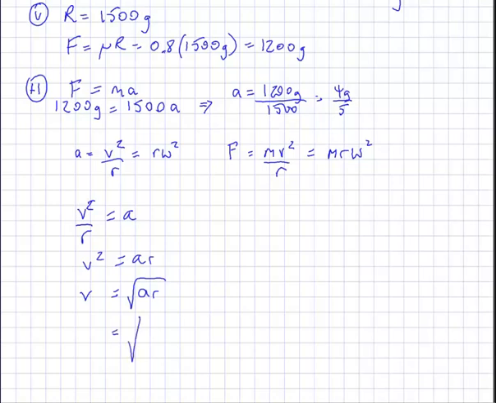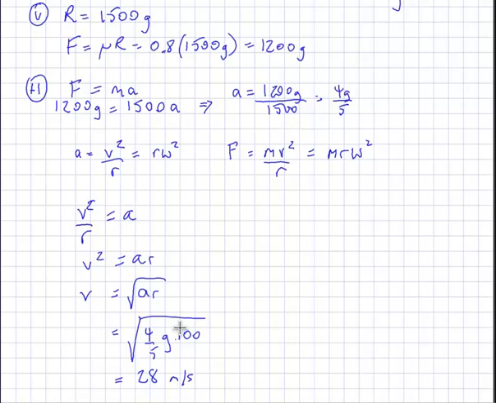So we do the square root of 4/5 of g multiplied by my radius, which is 100, and that works out as 28 meters per second.